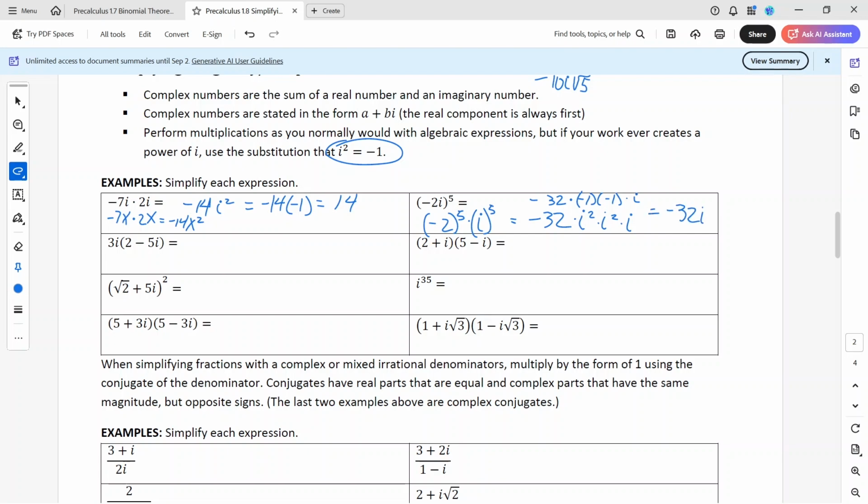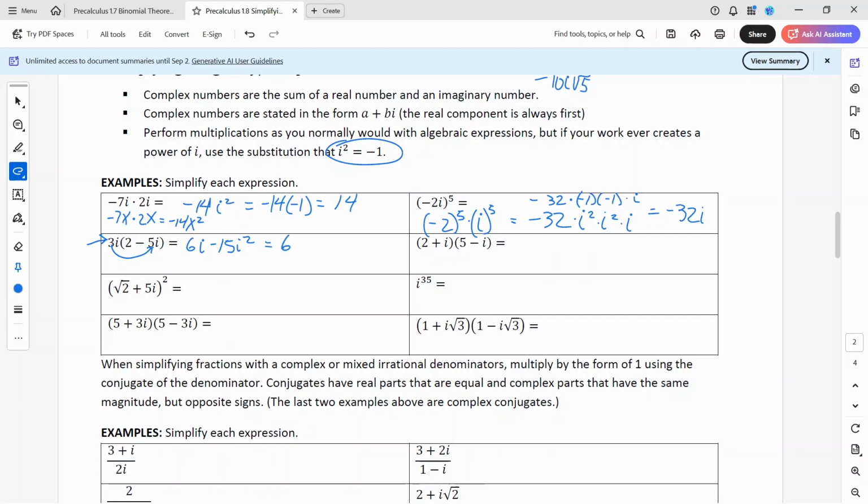So simple as that. Treat these problems that look like distributive rule like distributive rule. So 3i times 2 is 6i. 3i times negative 5i is negative 15i squared. But as you create that i squared, remember that i squared is a negative 1.